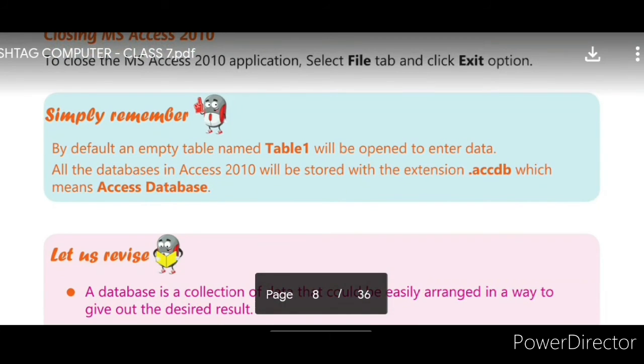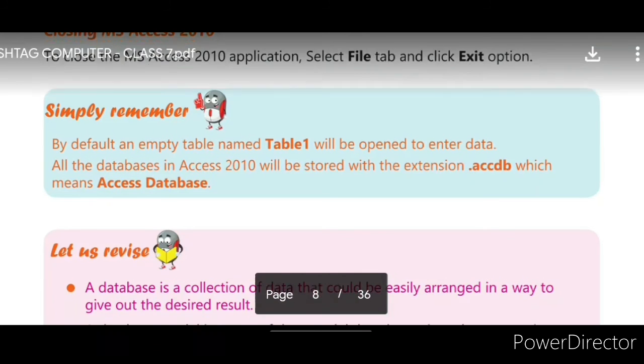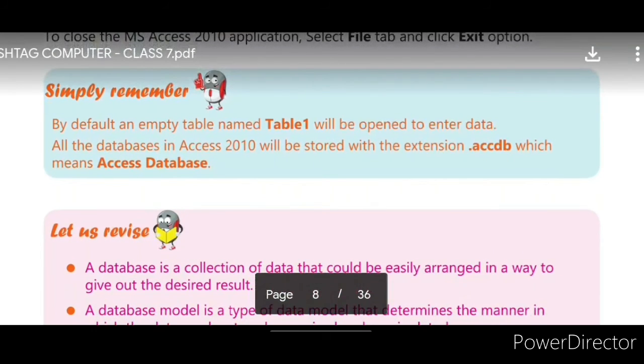All databases in Access 2010 are stored with the extension .accdb, which stands for Access database.